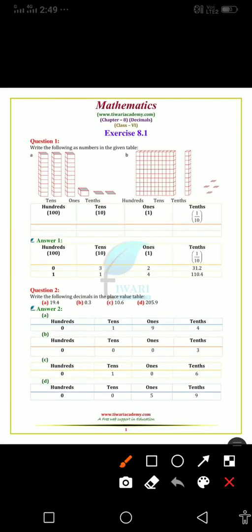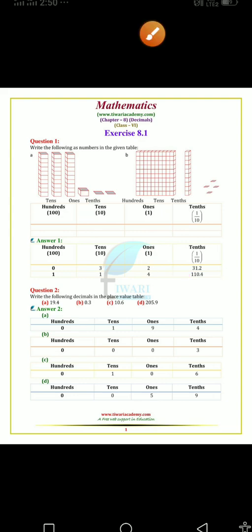See here, one more table should be there, like tens, after that ones, and after that this is not ones, this is the tens table. They have made a mistake here. See, in the ones place there is only 1. Here 1 is there, and here that is 2. So this is tenths, here is ones, and the total answer should be 31.2.